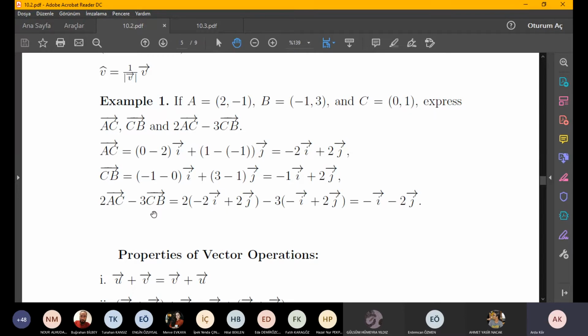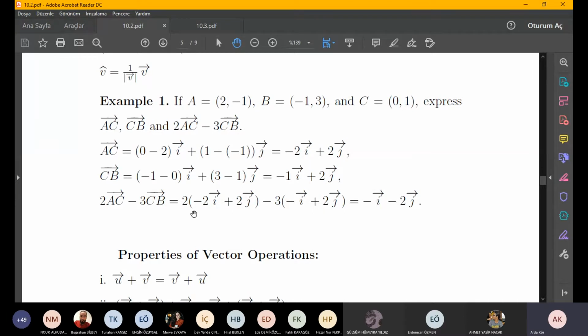And if you compute -3 CB, then that will be in the opposite direction of CB, and the length will be 3 times more than CB. So it will be 3i minus 6j.